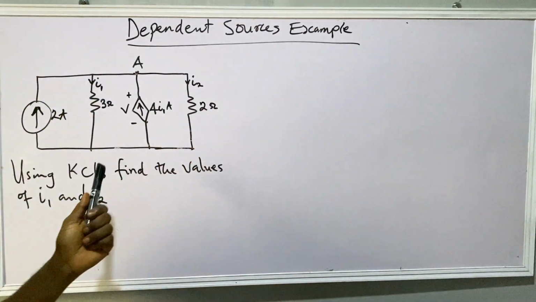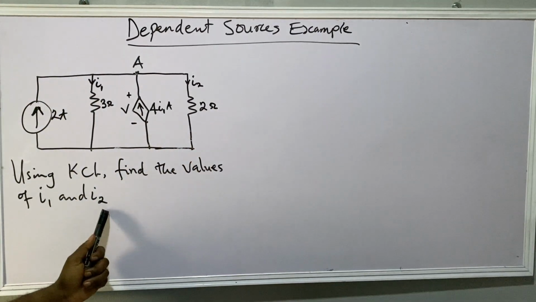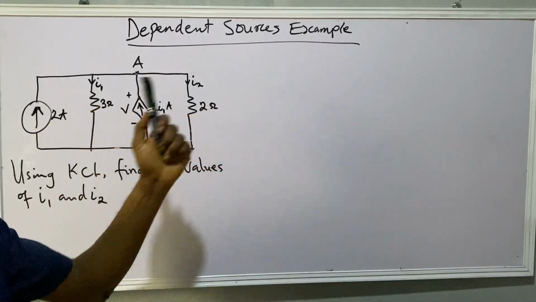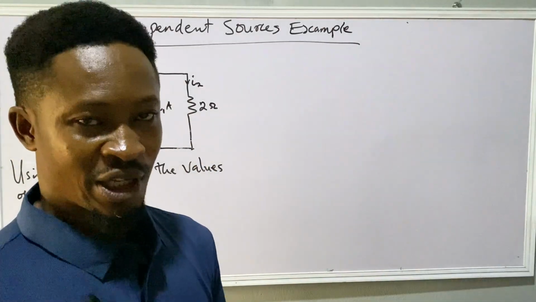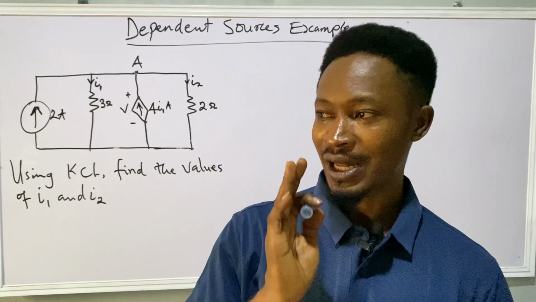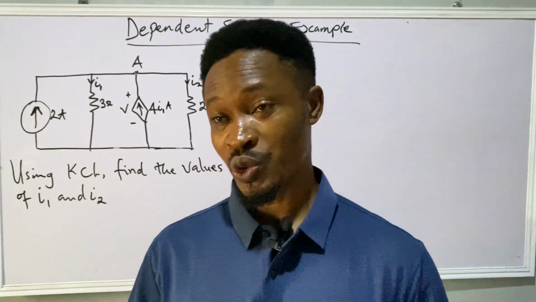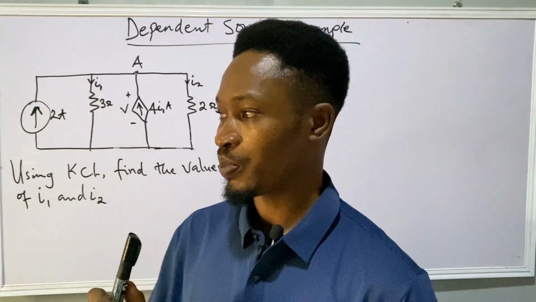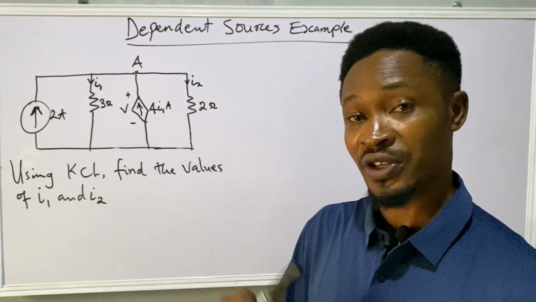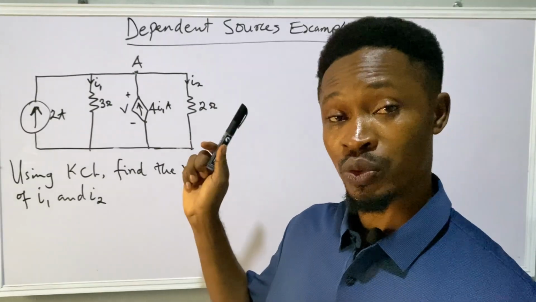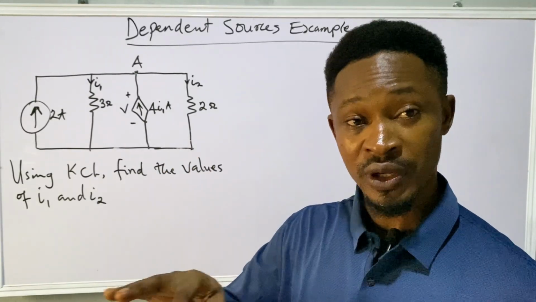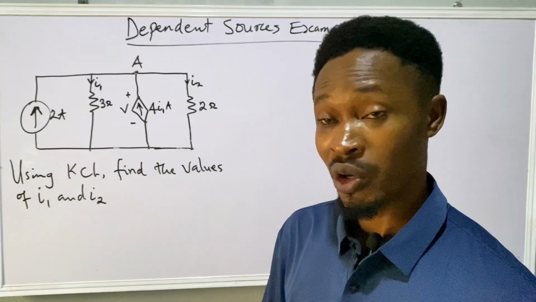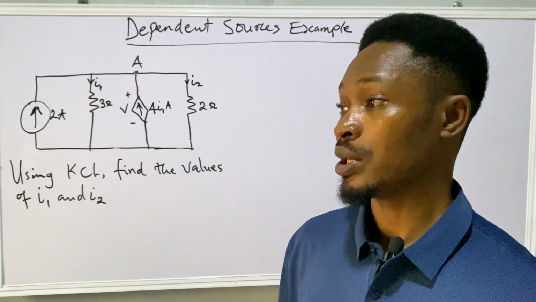We are asked to find the value of I1 and I2 using Kirchhoff's current law. We have dealt with Kirchhoff's current law, so if you are having issues with it, please go back to my previous video to watch how to resolve Kirchhoff's current law, or what the law actually means.